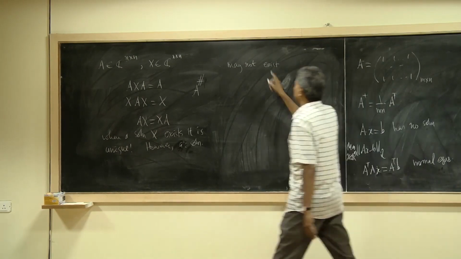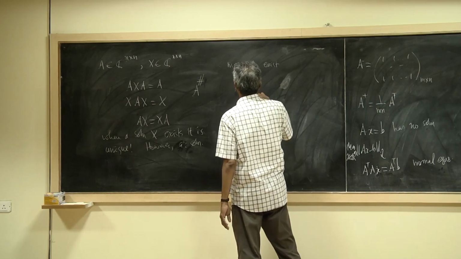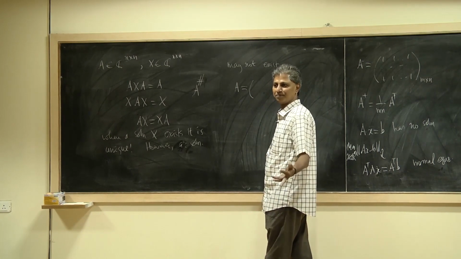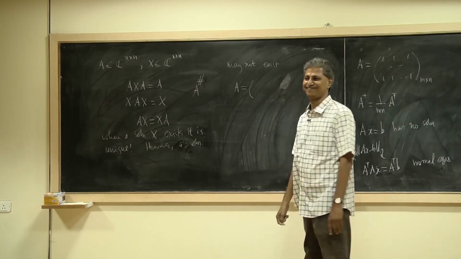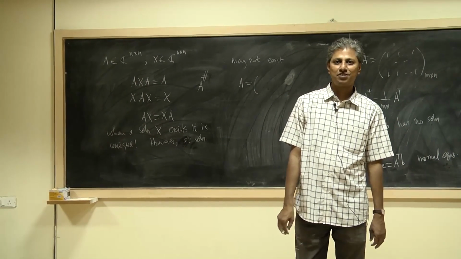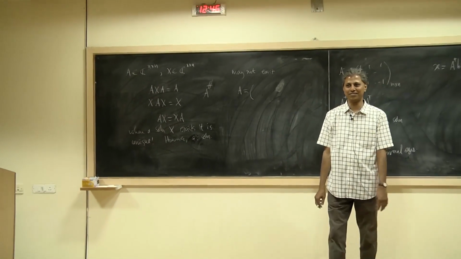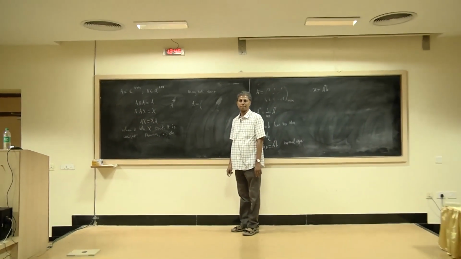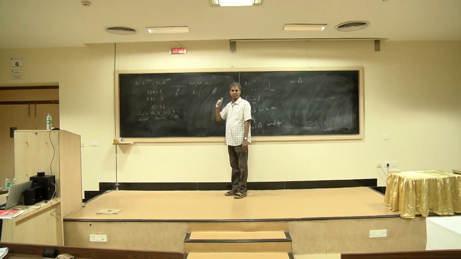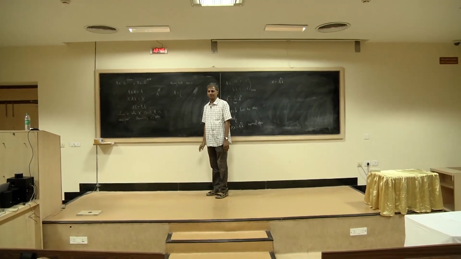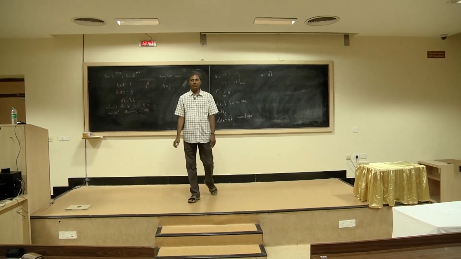For an example of a matrix which does not have the group inverse, someone? Something with index 2. Can you give an example? 2 by 2, 3 by 3. Group inverse does not exist. All entries 1 will have group inverse.